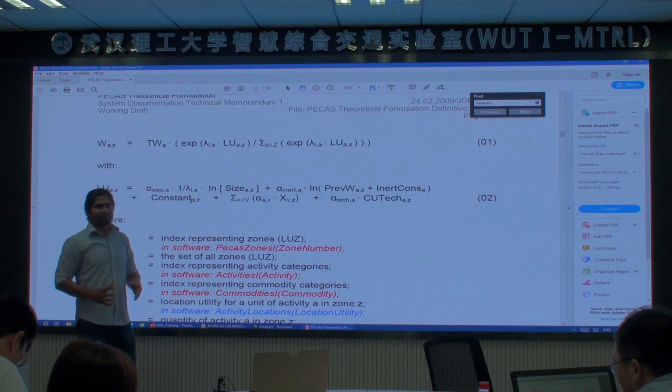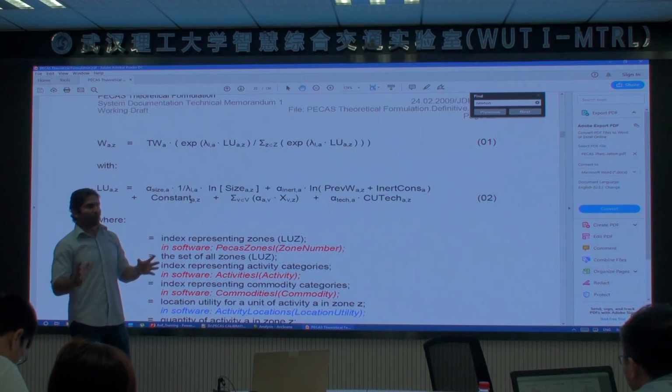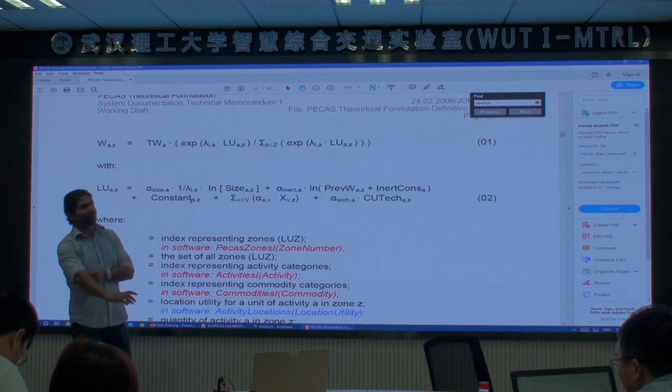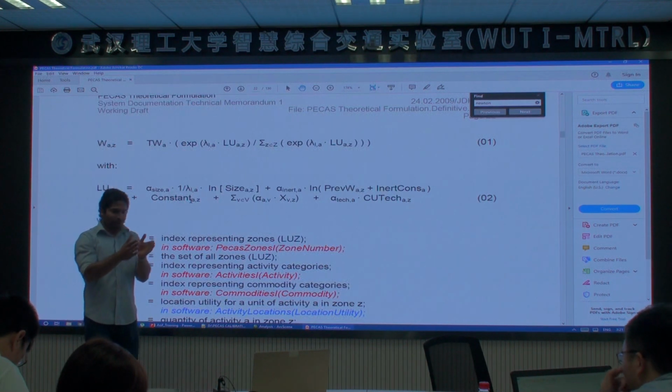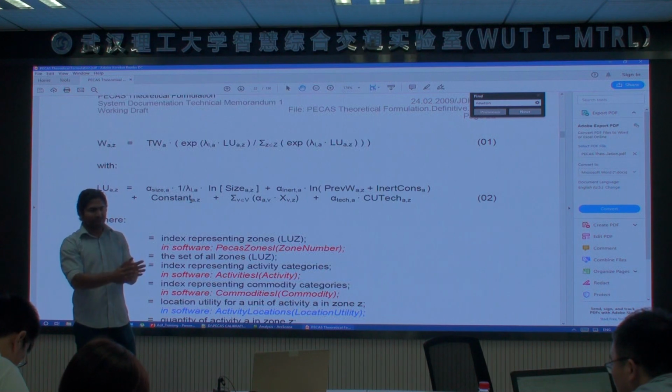Because in the base year, we are constraining the model. Only in the base year do we constrain the model. If you are running the model from 2008 to 2030, 2008 is our base year and the calibration year. Constraining the model means you know where the activities are.